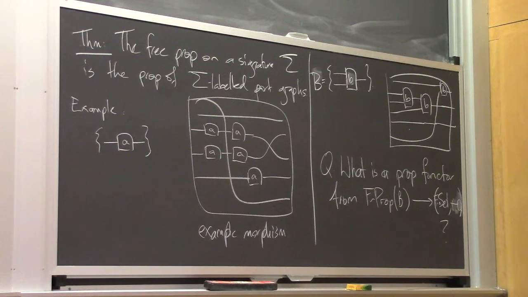If the free prop on V is given, a function out of it is determined by generating objects. What I want is a prop functor from the free prop on V to finite sets.